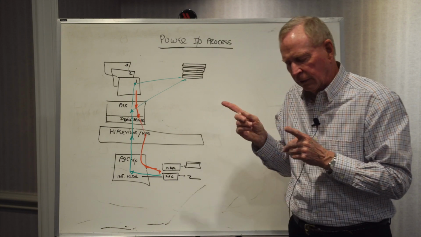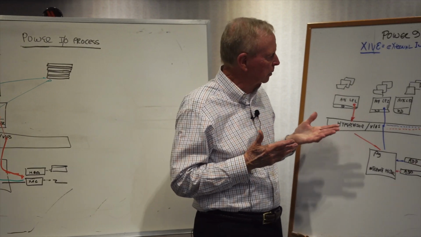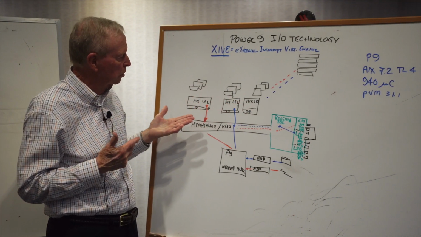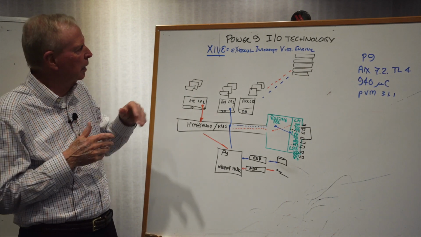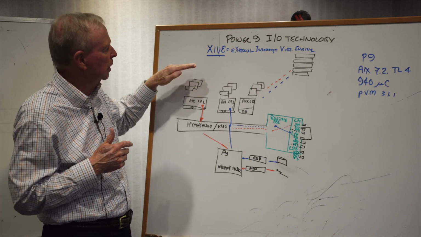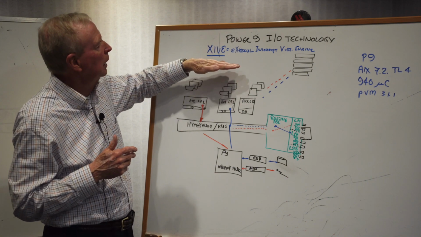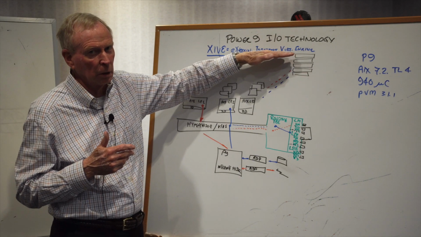What's complicating factors is that most operating environments today have virtual machines or partitions. So I've taken this same diagram and modified it to what the Power 9 I/O technology has. That's called XIVE. It really stands for External Interrupt Virtualization Engine.